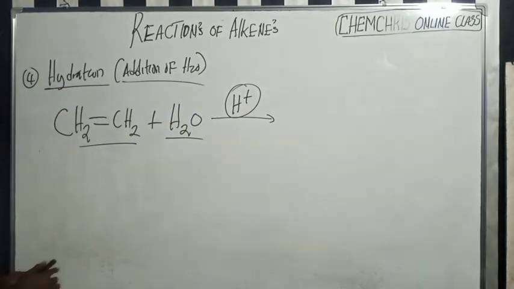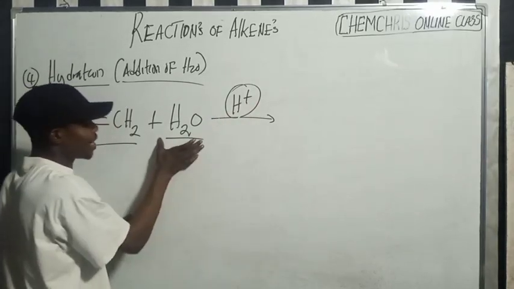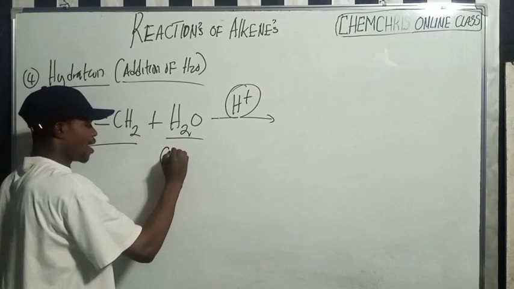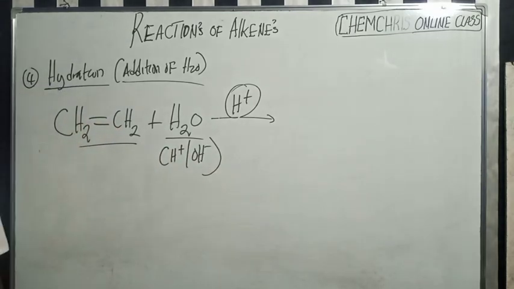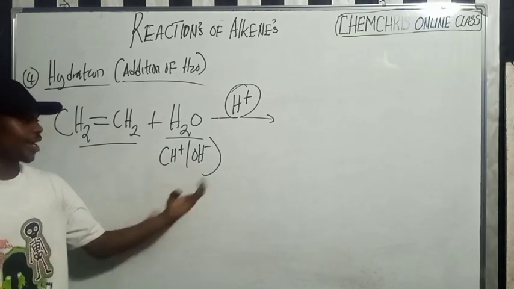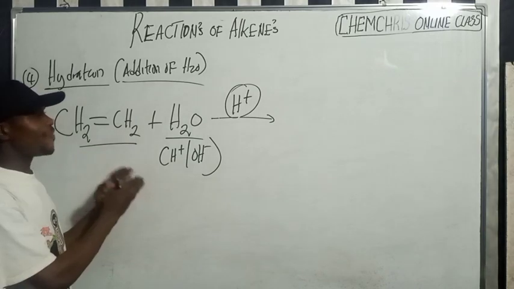How to get the product is what is most important now. So how do you use this one here? Now this acid we break one into two. We have H plus and OH minus. So what happens here? Now electrophilic addition takes place.